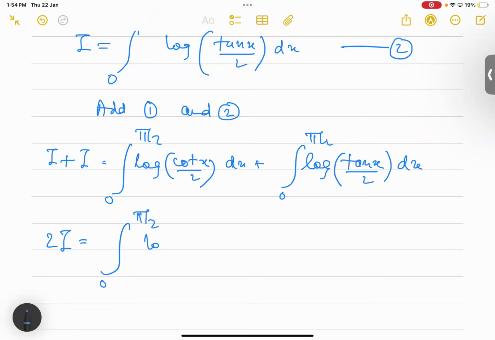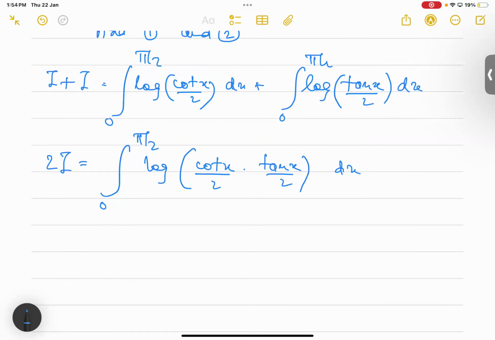0 to pi by 2. Okay, what is cot x into tan x? 1. Log a plus log b is log a into b, right? Log 1 by 4. This is log 1 by 4.